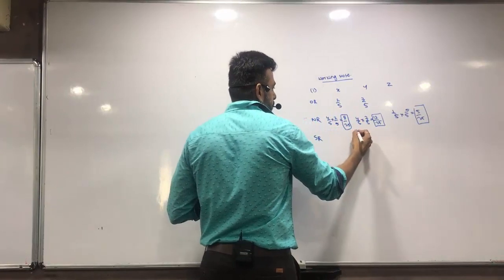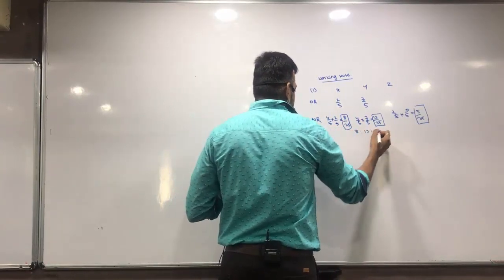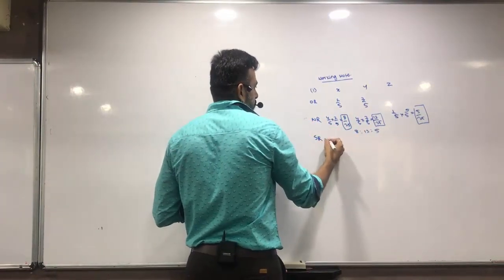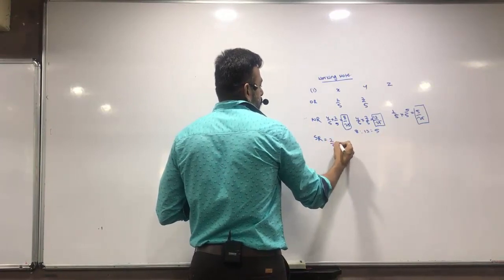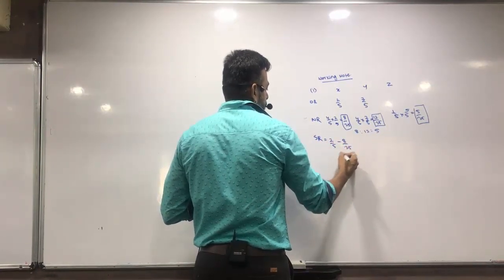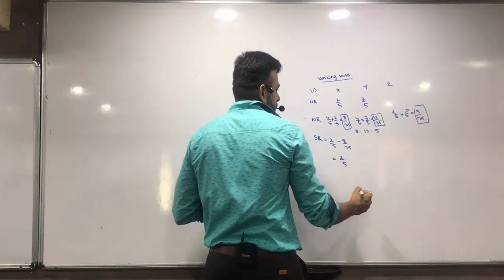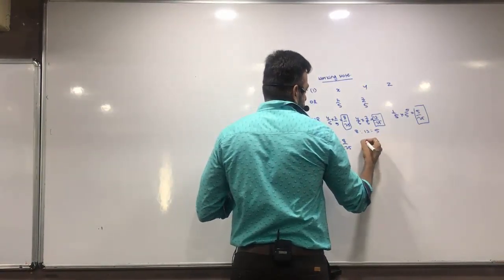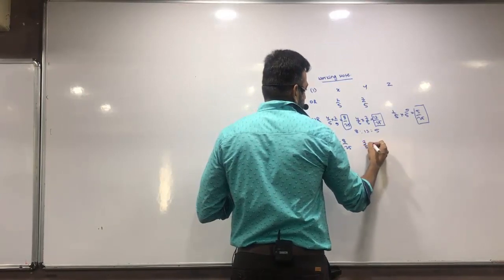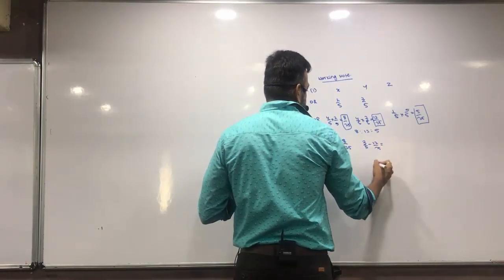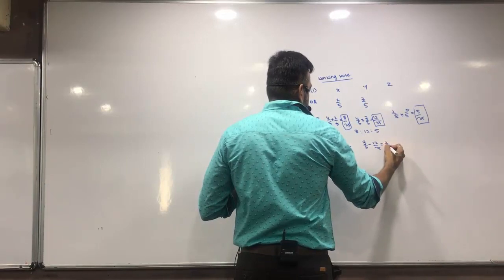So new ratio is 8:12:5. Sacrifice ratio: 2 by 5 minus 8 by 25, LCM is 25, and 3 by 5 minus 12 by 25.